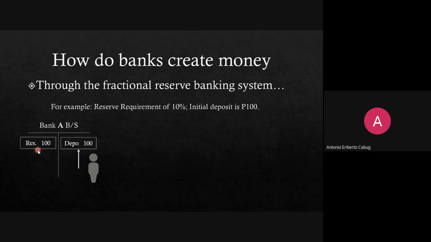For now, think of it as cash. Debit cash, which is reserves, 100. Credit, rather than accounts payable, we call it deposit liabilities. In essence, it's correct. It's just the terms: debit reserves, credit deposit.